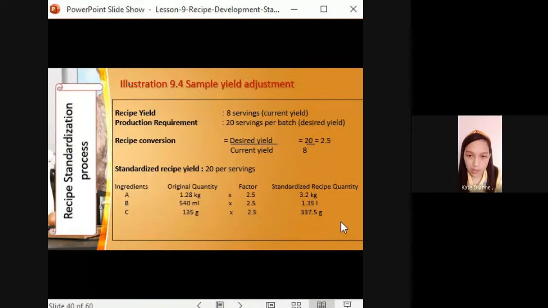So 20 yung ating desired yield divided by current yield. Okay, try nyo yan sa calculator if tama. So, ang lalabas dyan is 2.5. So, that will serve as our recipe conversion factor. That will be our factor. 2.5.